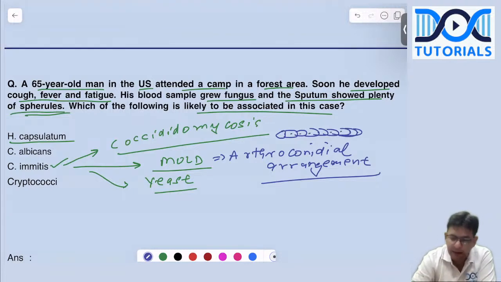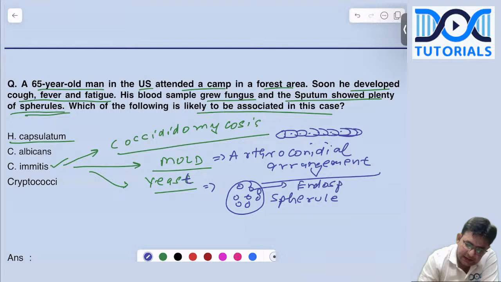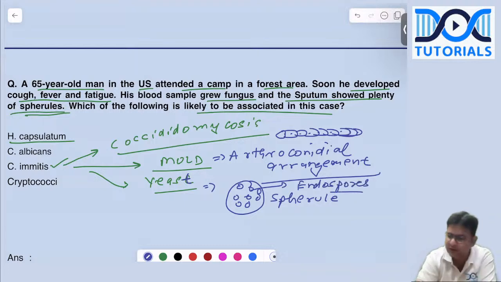And the yeast form of this has a spherule with endospores. That is the characteristic of Coccidioides, which leads to coccidioidomycosis. Is it fine? Is it now okay?